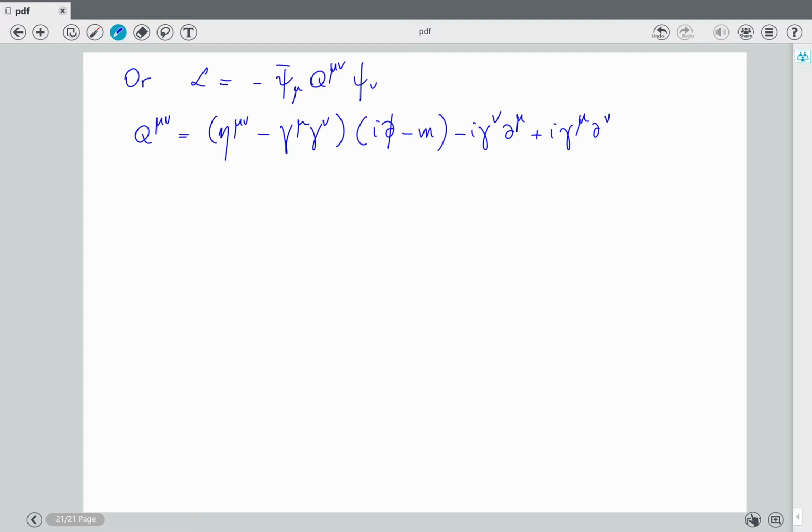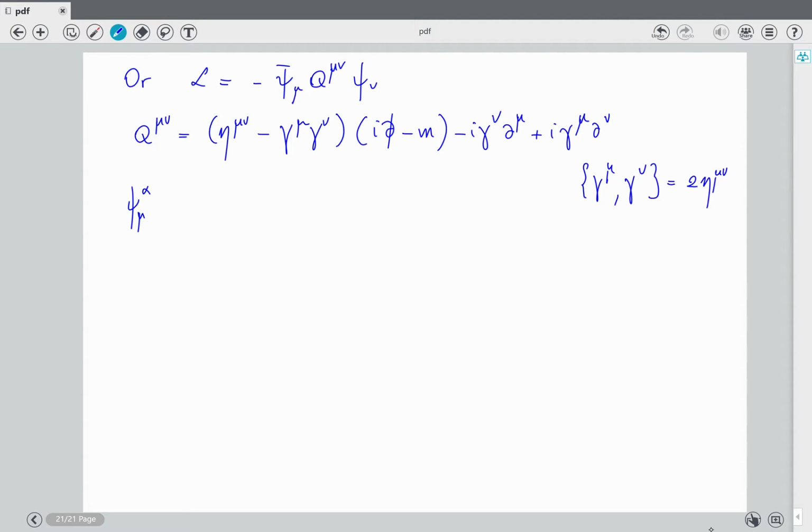Okay, so let's recall that the gamma matrices satisfy the Dirac algebra, and what can we do with this object that's both a spinor and a vector?